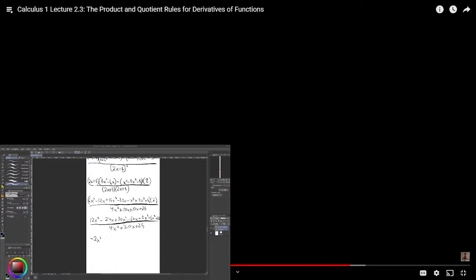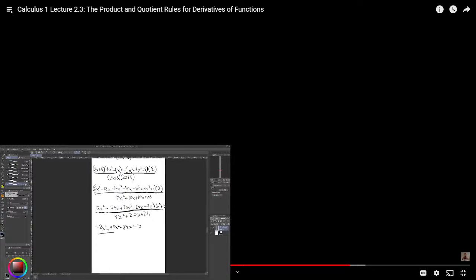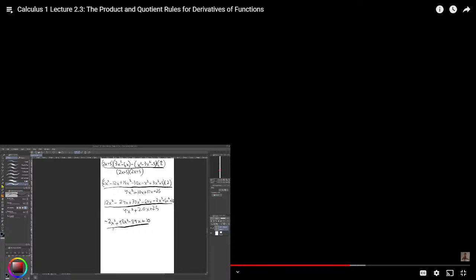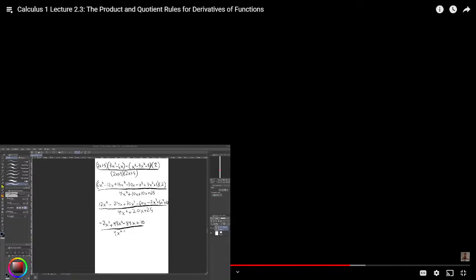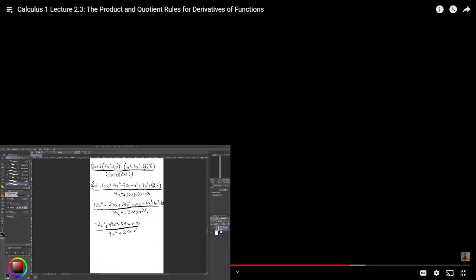Squared, 6x squared, 30x squared, 36, 48, 38x squared, minus 84x plus 10, over 4x squared plus 20x plus 25.